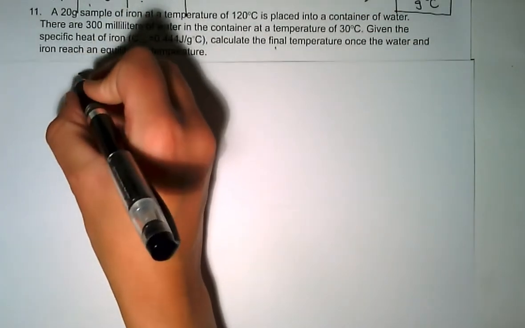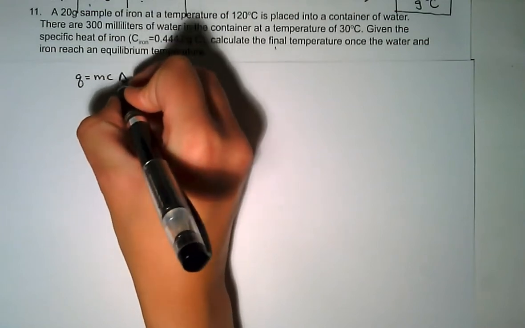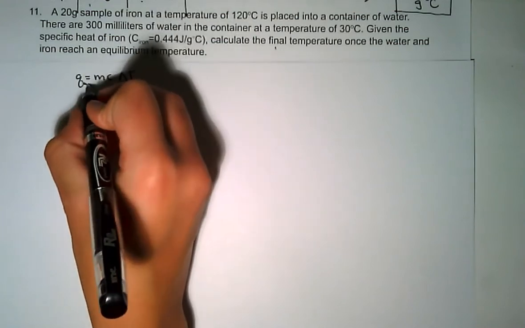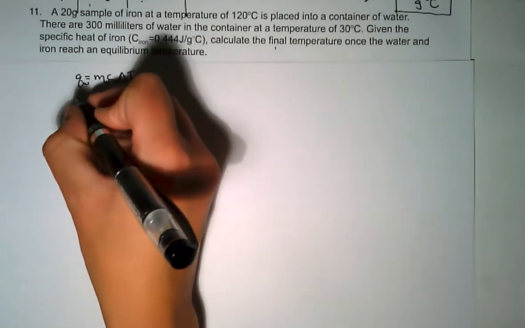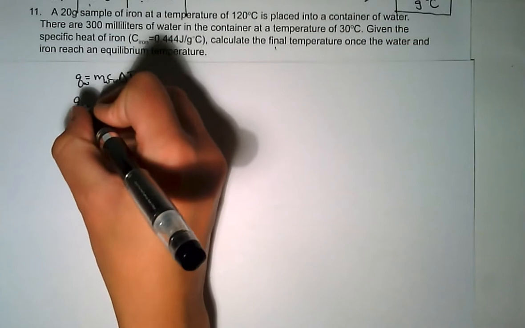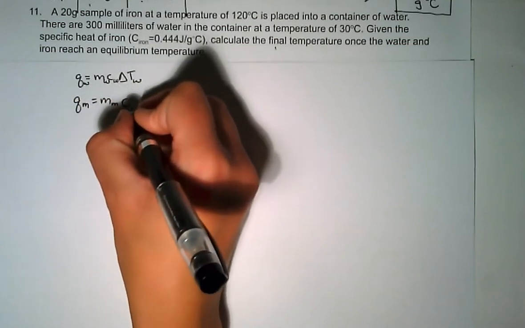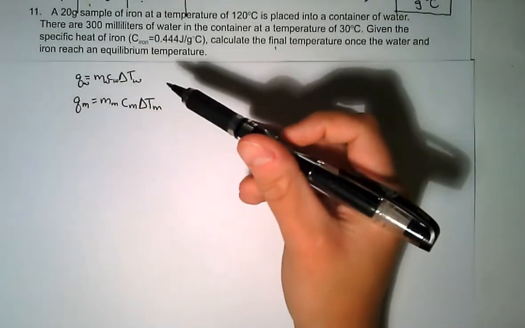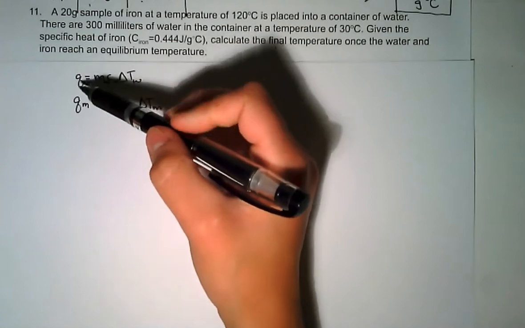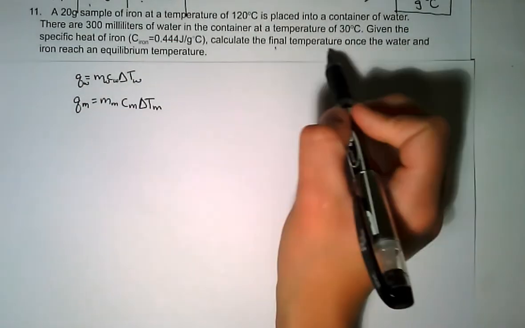So we have our Q, which equals M times C times delta T, and we have this for our water, so M water, C water, delta T water, and then we have the same Q of our metal equals M of our metal times C of our metal times delta T of our metal. But the problem with this is we can't just solve for one Q and then find the other Q because we don't know the final temperature.